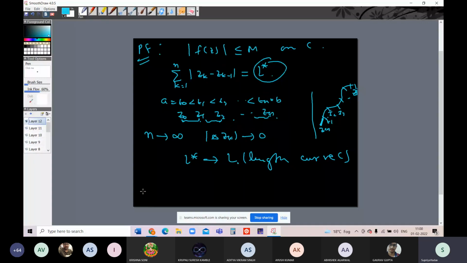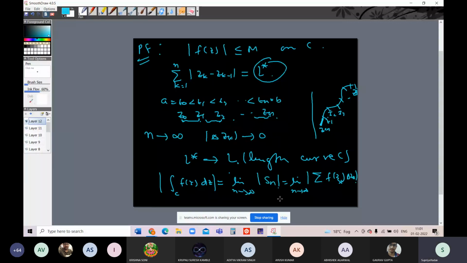Okay, so you know that the mod of the integral of f(z) dz, we can write in limit form as the limit as n tends to infinity of the mod of S_n, where S_n was the summation of f(xi_k) delta z_k.